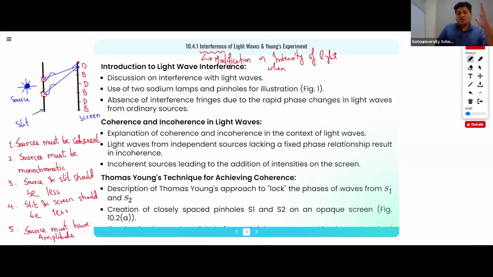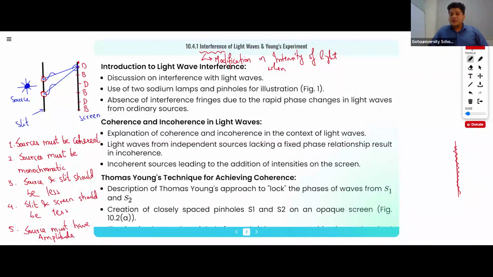If there would be no slit, everything would be bright, bright, bright. But because of the slit, what happened? Let me explain. If there were no slit, everything would be of the same intensity, everywhere it would be, say, 40.